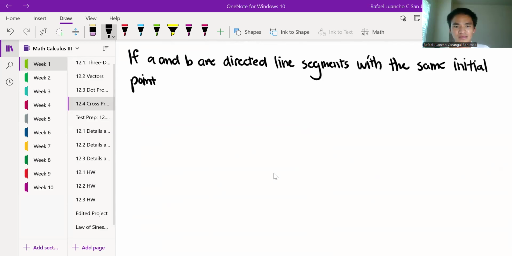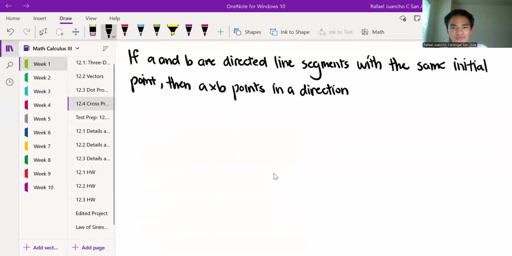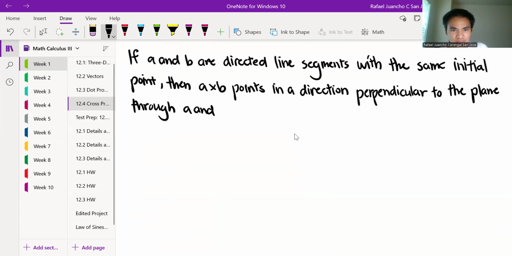Then theorem 8 says that their cross product A times B points in a direction perpendicular to the plane through A and B, right?